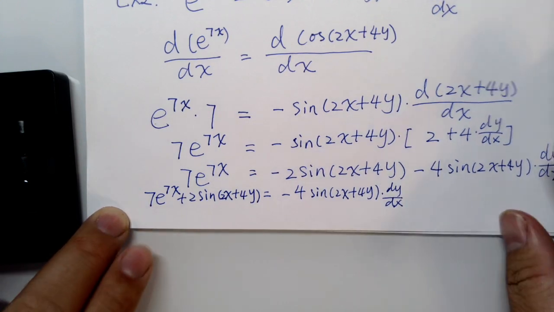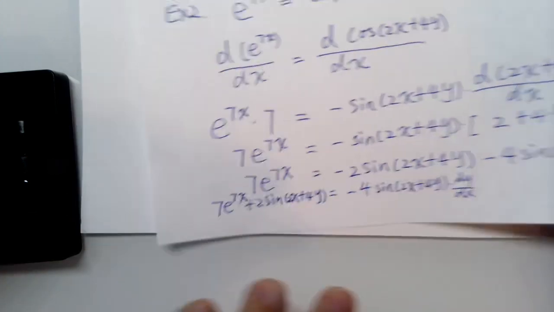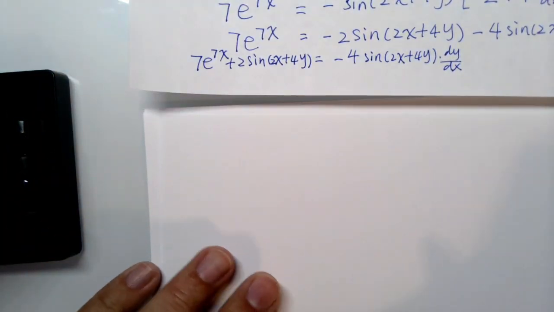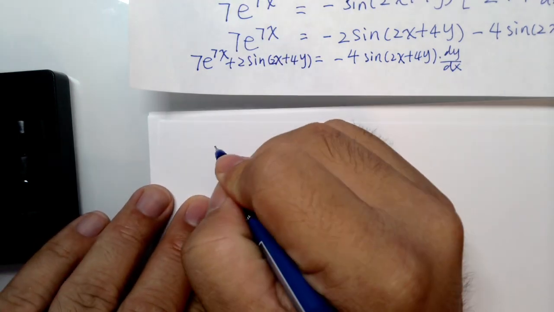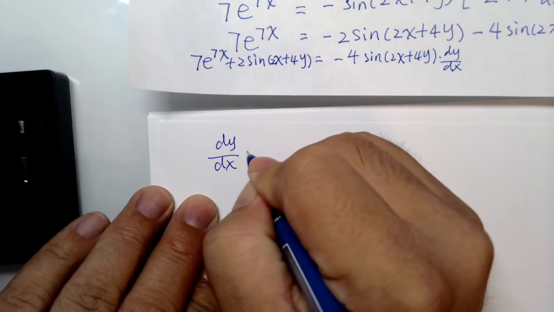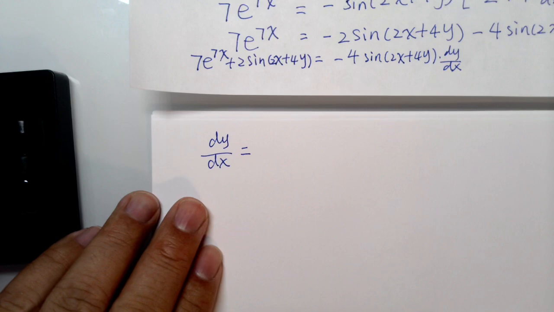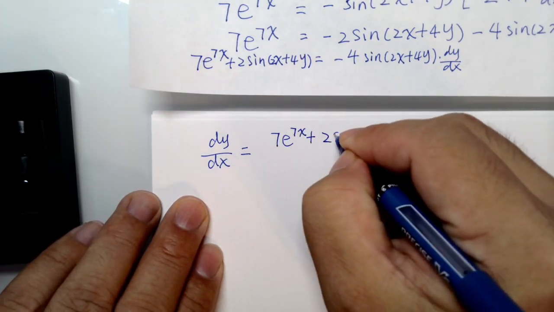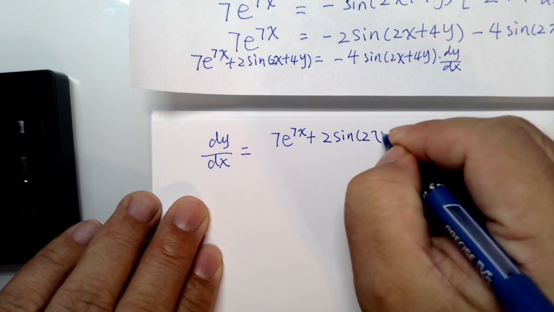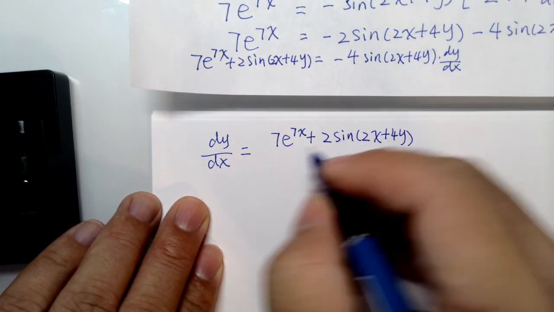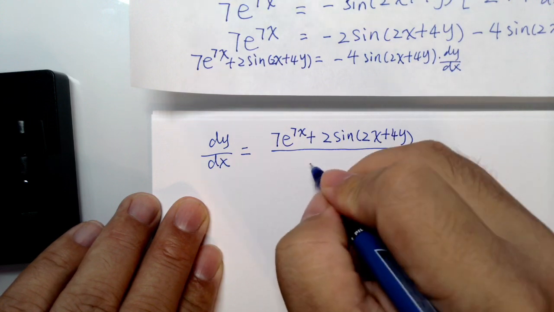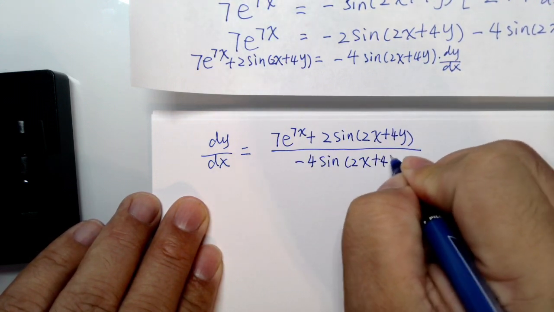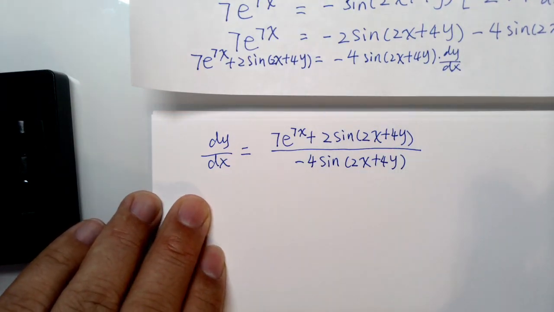So that will give us dy/dx equals 7 e to the power 7x plus 2 sine of 2x plus 4y, over negative 4 sine of 2x plus 4y. Okay, so we're done for this problem.